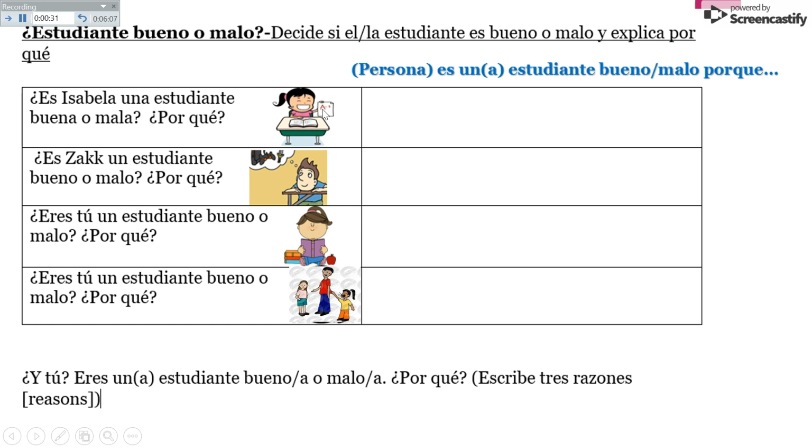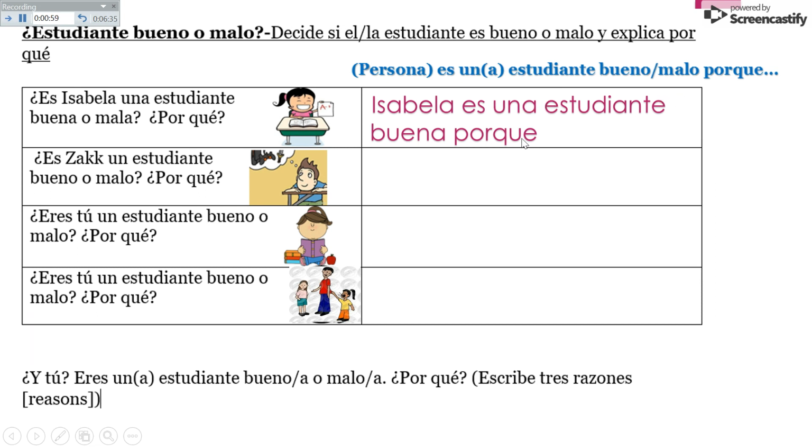So we're going to say that she is a good student. To describe Isabella as a good student, first we're going to write her name. Isabella es una estudiante buena. ¿Por qué? Now, we chose una estudiante because Isabella is a female and we want to use the feminine form of the noun.